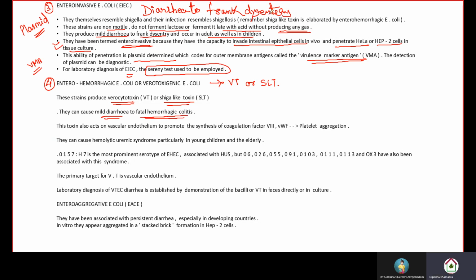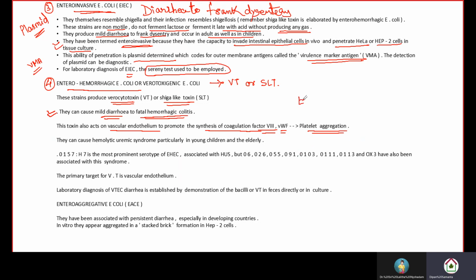So mild diarrhea to frank dysentery is EIEC, and EHEC, or enterohemorrhagic E. coli, causes mild diarrhea to fatal hemorrhagic colitis. Very important: this toxin acts on vascular endothelium, promoting synthesis of coagulation factor 8 and von Willebrand factor causing platelet aggregation.